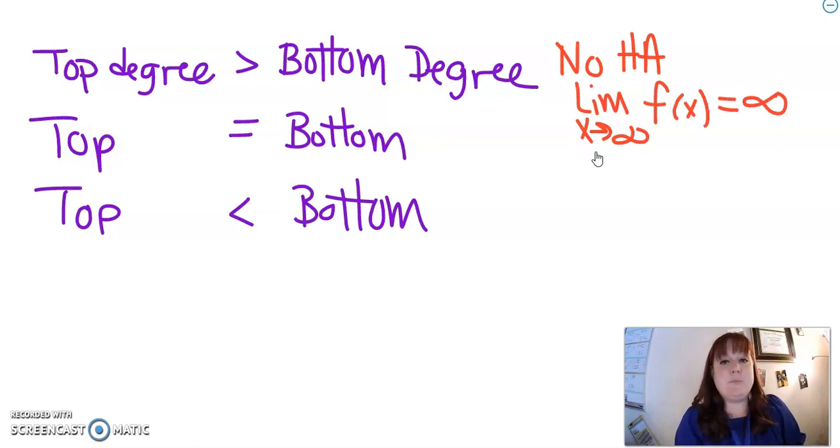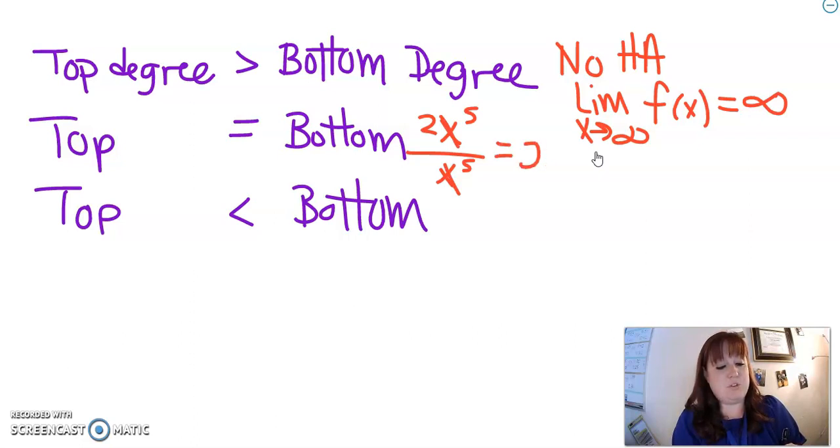Okay, if the top degree is equal to the bottom degree, we have something like 2x to the 5th over x to the 5th. Now what happens? Well, these grow at the same exact rate, so it's almost like these cancel each other out, and we end up with just 2.